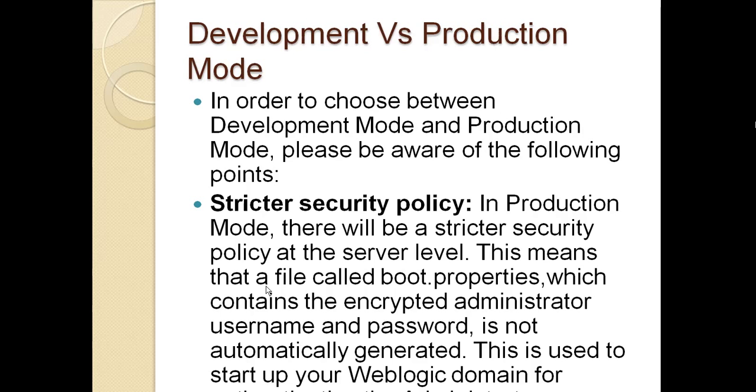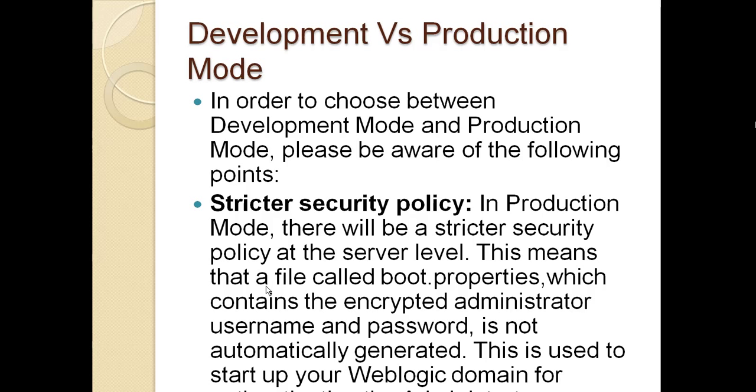So these are some of the differences between development and production mode. There are stricter security policies in production mode, because it is a production mode. You don't want people to start and stop your server, and you don't want people to play around with your production server. So the security is very high in production mode. Every time you start your server, you have to give username and password.